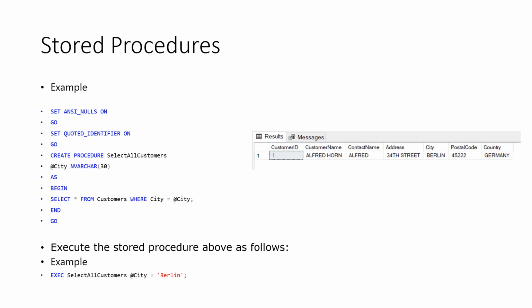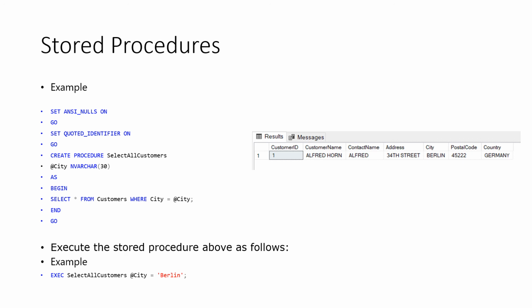So now we get to stored procedures. Stored procedures are user defined blocks of SQL queries which may take some input variables and output some result set. The important thing here is once a stored procedure is created, you can execute it any time later by using the exec command.